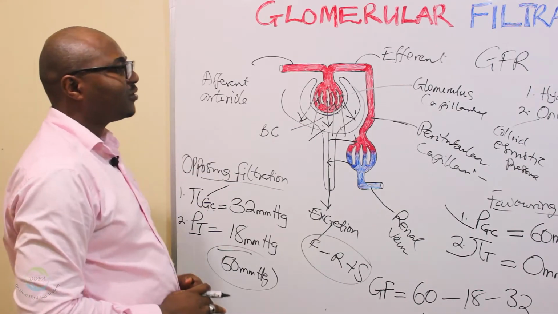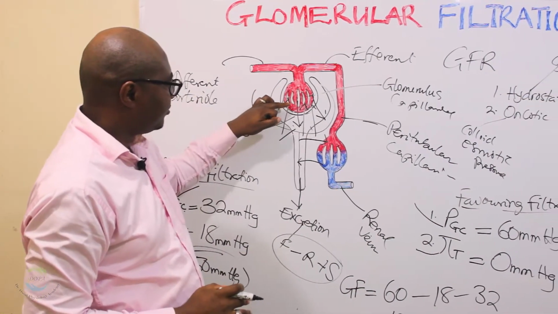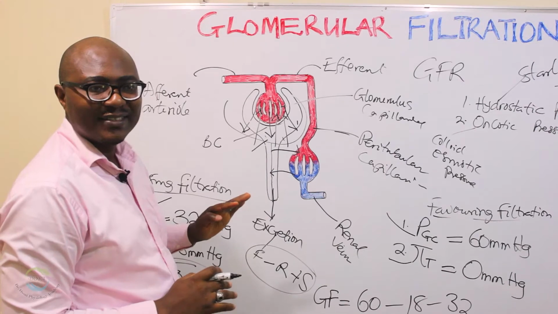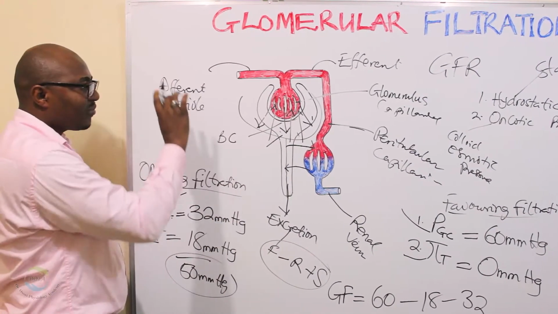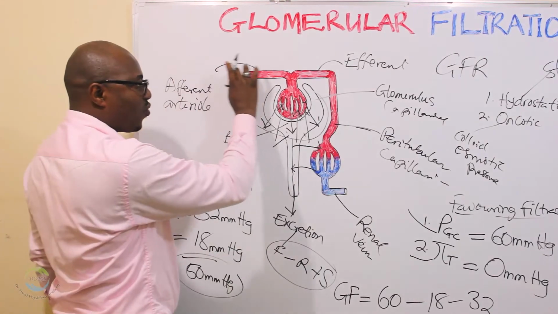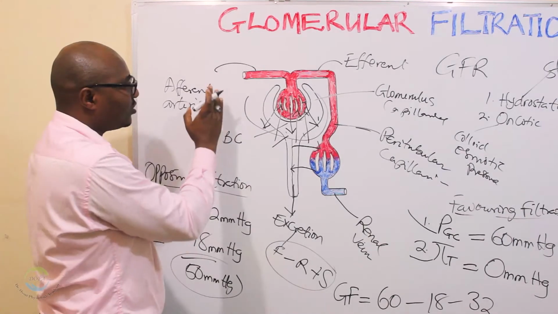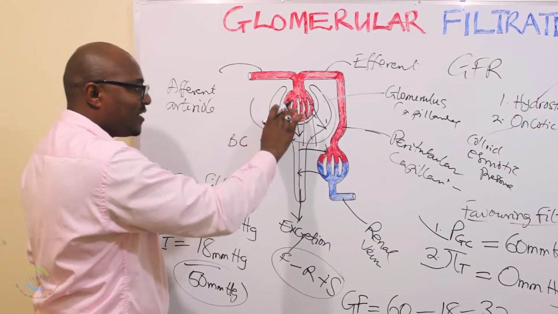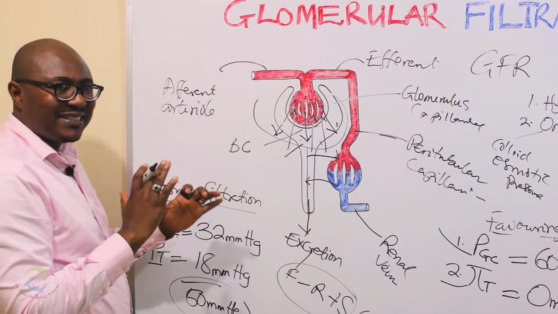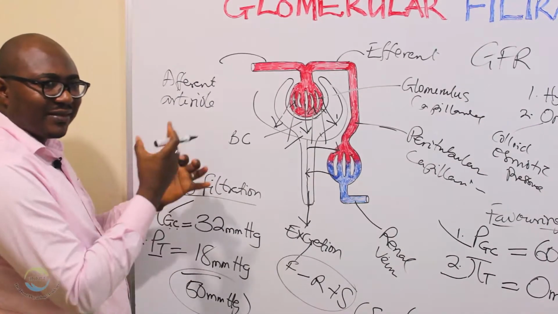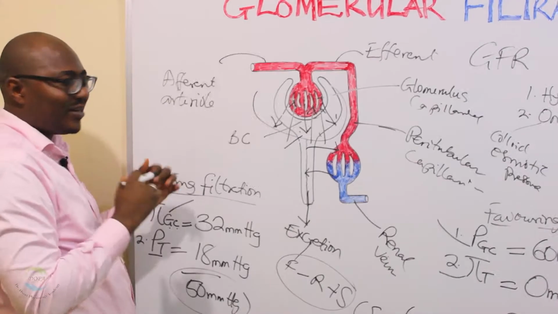So now you ask yourself, what can change the hydrostatic pressure here of the glomerular capillaries? Now, listen very carefully. It all starts from the flow, what enters here. If the flow here is reduced, the blood that comes in here, the hydrostatic pressure will be reduced. There's a slight difference between the things that increase glomerular filtration rate and renal blood flow, though they are related.